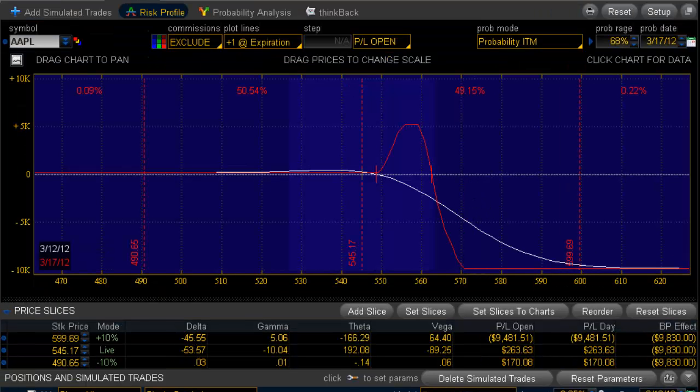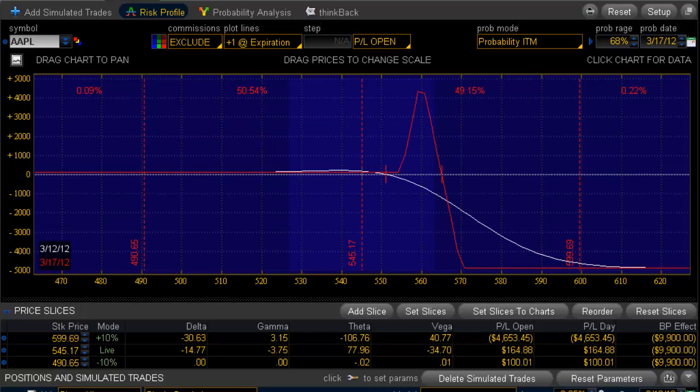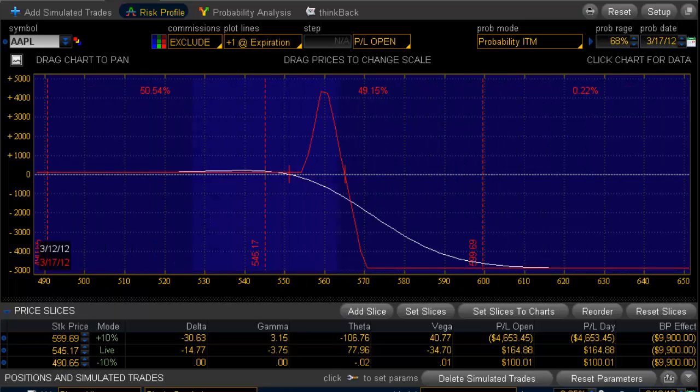I'm just going to make sure that I do not have any other trades loaded in here. Right here you see the butterfly trade. We have a 10 cent credit. The red is what our trade would be at expiration. Notice at 560 at expiration, with this contract size of 10 by 20 by 10, we stand to profit about $4,000.